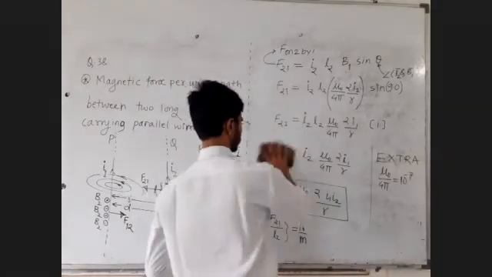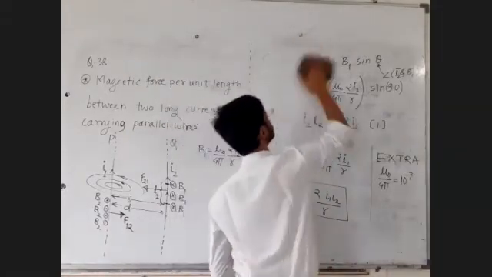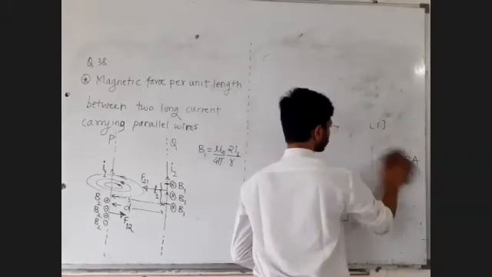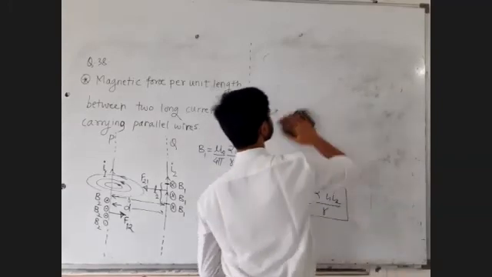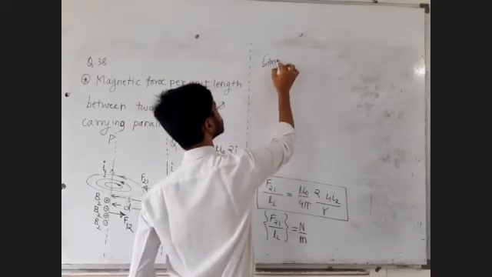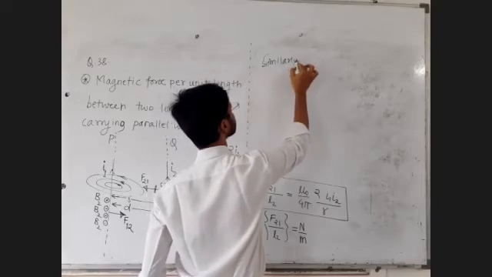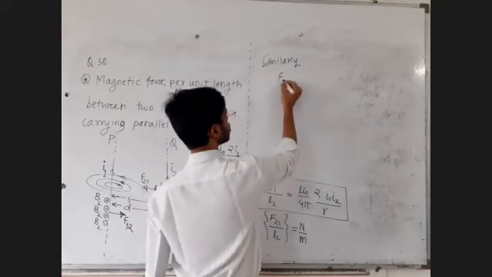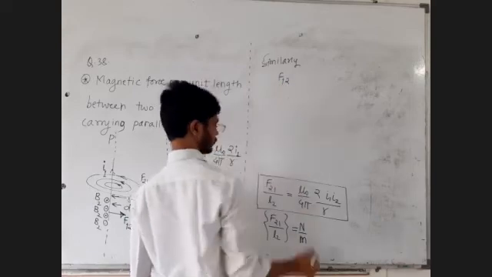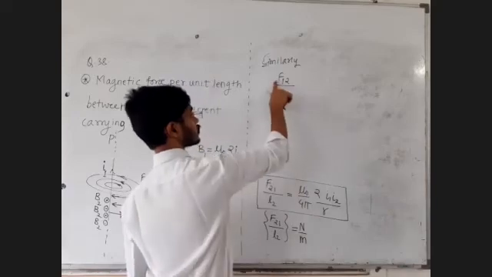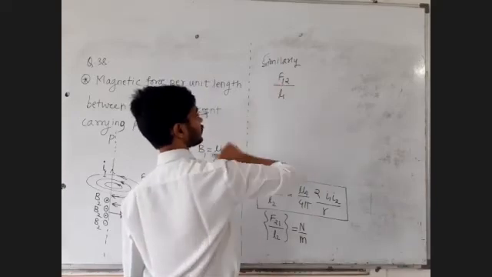Let us rub all these things. Write down. Similarly, force on second wire because of 1, force on first wire because of 2, divided by length of the first wire. That is, this is the force on wire 1 divided by length of wire 1.